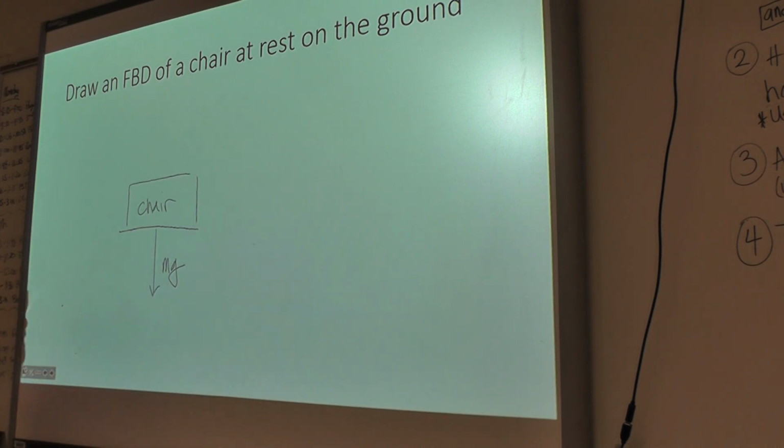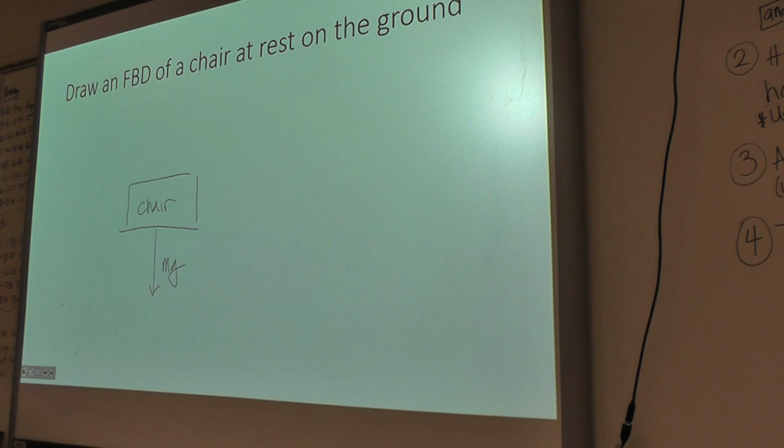And if we have a chair at rest, one of the things that we talked about is the idea that things can be instantaneously motionless. Like if you throw a ball up in the air, at the top of its motion it has a velocity of 0 for an amount of time that has no length whatsoever, and then it starts moving down.